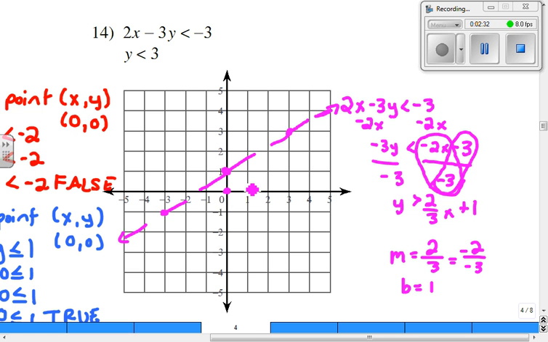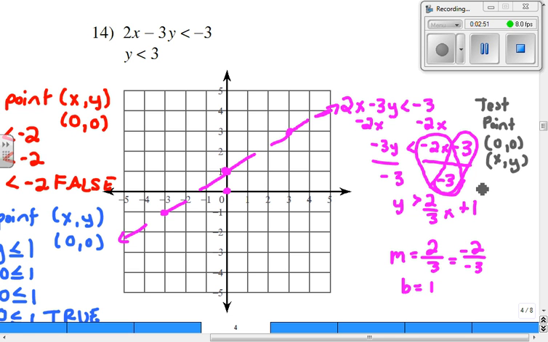Does not go through the point 0, 0. So that means I can use 0, 0 as my test point. So 0 is my x and 0 is my y.